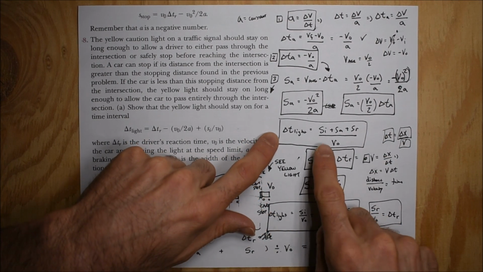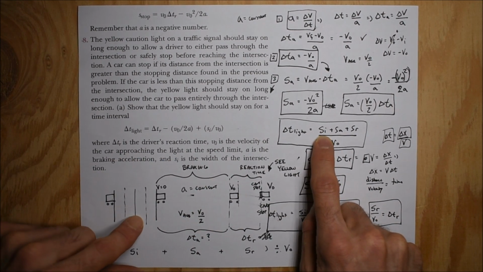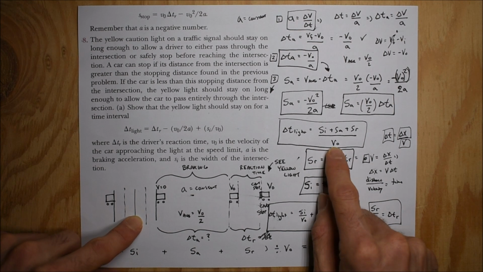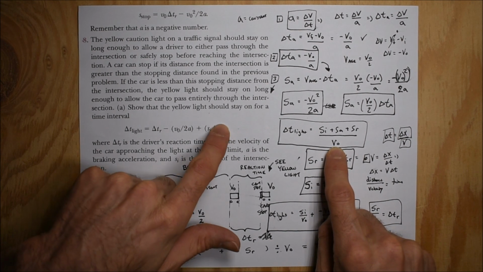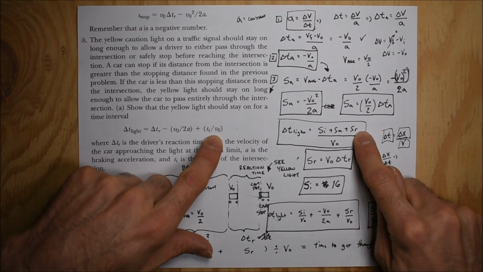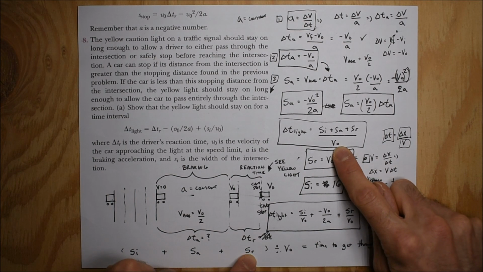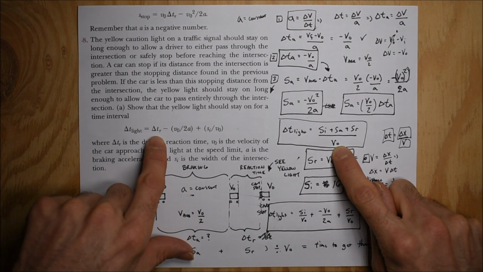Well, for the SI over V naught, the length of the intersection is just a constant divided by the initial velocity. That's that component. Now let's do the reaction time, because that's the distance of your reaction time divided by V naught, and that's just going to be your reaction time.